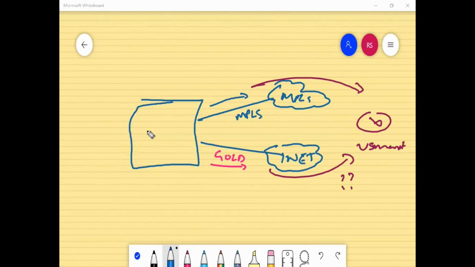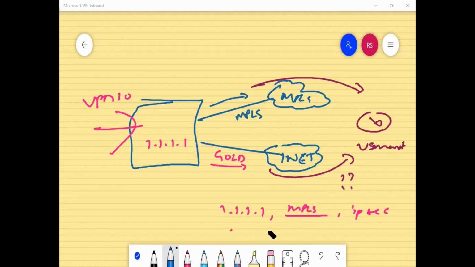In this scenario, since the traffic for this VPN, like VPN 10, is coming from the same system IP, the system IP would be the same, 1.1.1, but color is the thing making the difference. The rest of the two things would be the same. It is coming from 1.1.1, that is the originator, but the color is MPLS or gold. The rest are the same. Any doubt from anyone on this particular stuff? No?